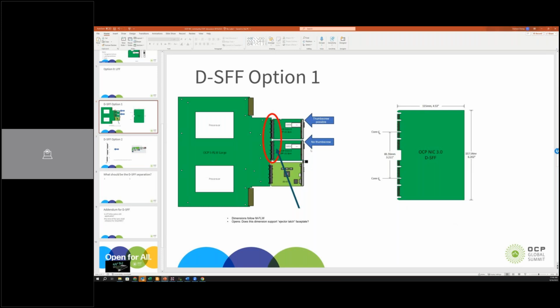Corey, go ahead. Just the background was there were some specific system constructions, overall features and layouts that were assumed that resulted in this FLW layout.